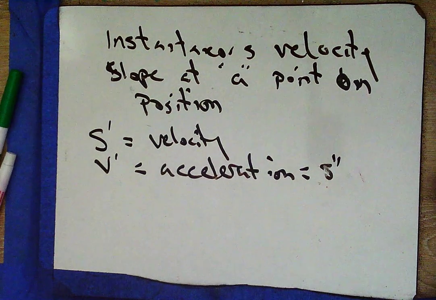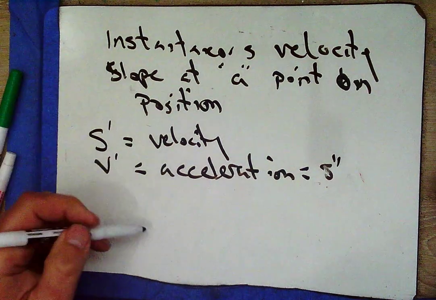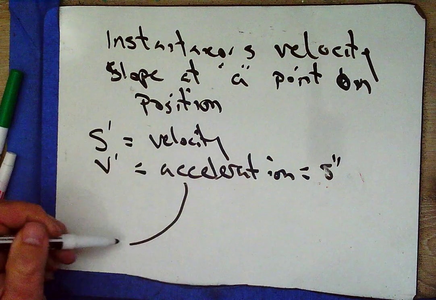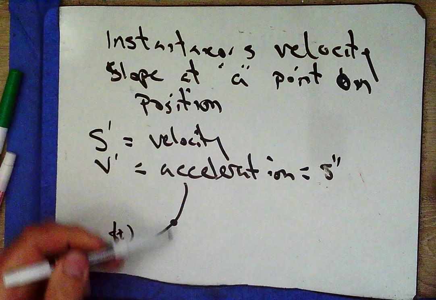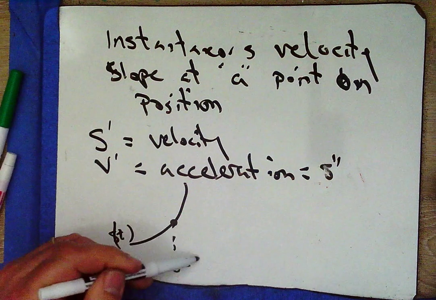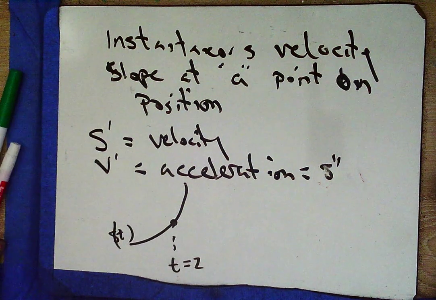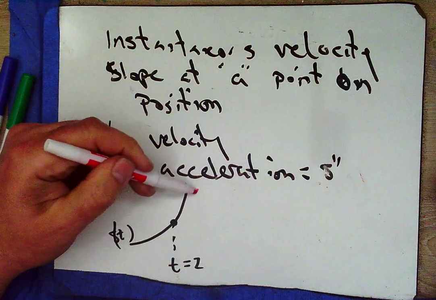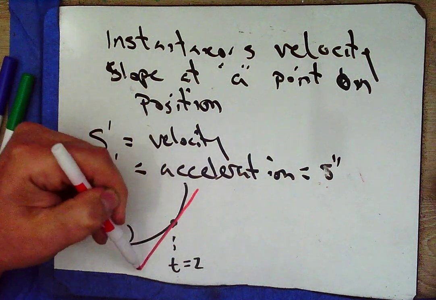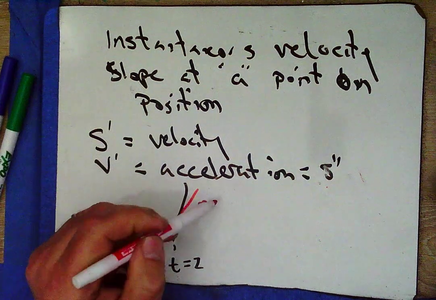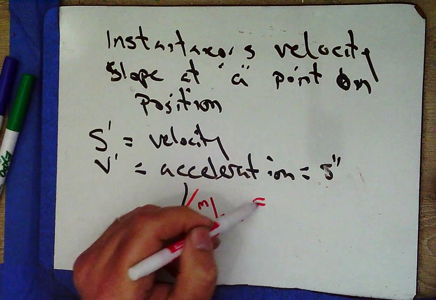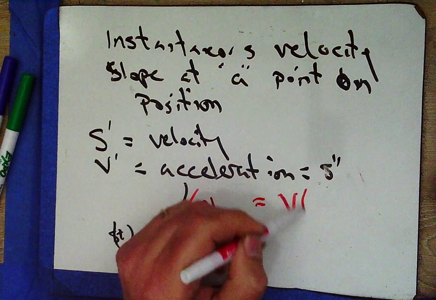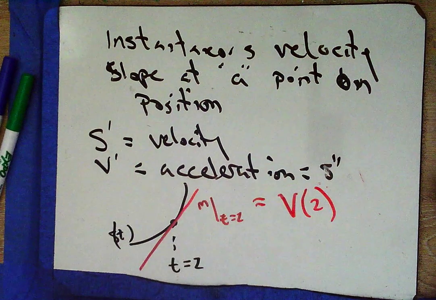respect to time. I bring this up now because when I think about this being a position function, and I want to know what's my velocity at t equals 2, what I really need to find out is what's the slope at t equal to 2, because that's going to be the instantaneous velocity at 2.